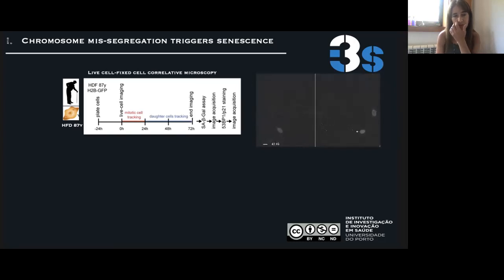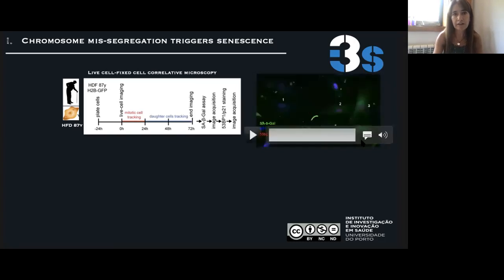Following this cell and staining for the senescent markers at the end of the movie, you can appreciate that this cell has beta-gal positive signal, which are these green dots that you see in the cell. It also has a positive signal for the DNA damage marker 53BP1 and the p21 cell cycle inhibitor.